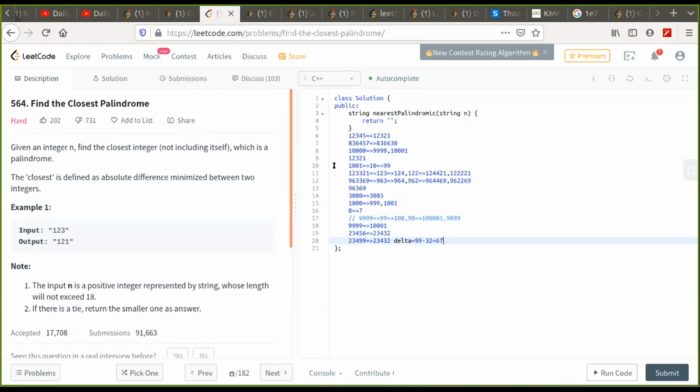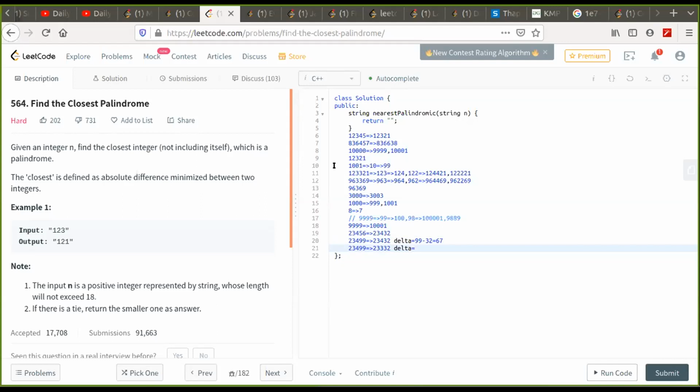Now suppose I would have changed instead of 234, I would say 23332. Same example, your number is 23499, but now it goes to 23332. What is your delta?